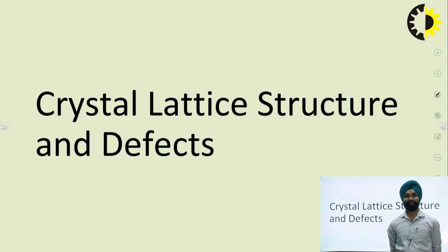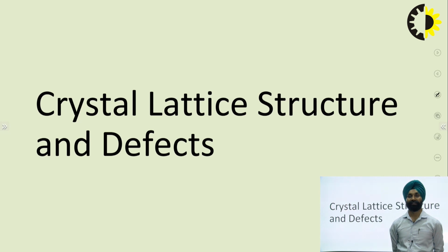Generally here we are discussing the general lattice structure and the lattice defects that are generally seen in a lattice. If there is any defect in the lattice, then there will be a problem for the crystal to have better conductivity.